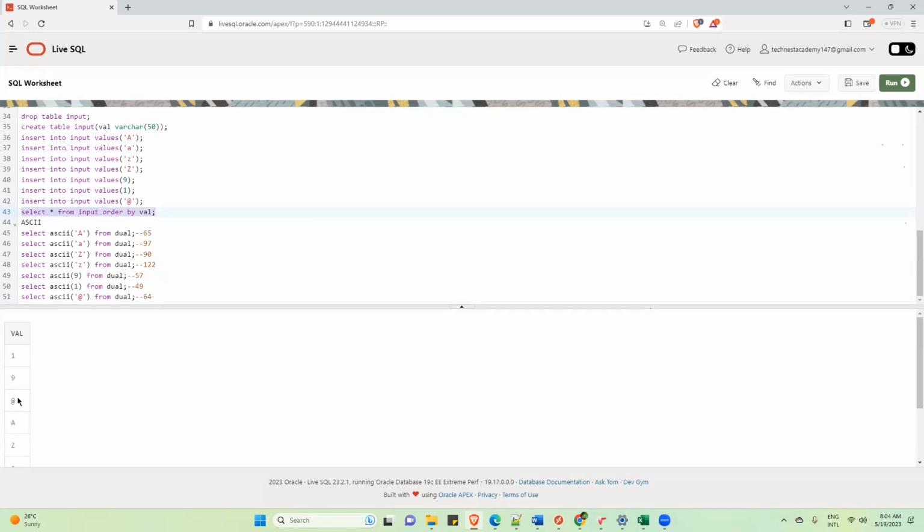So you see after 1 and 9 you have at the rate. Is this clear? So whatever data you have, the engine internally calculates the ASCII value and then gives you the output, and you don't know that it is happening internally.